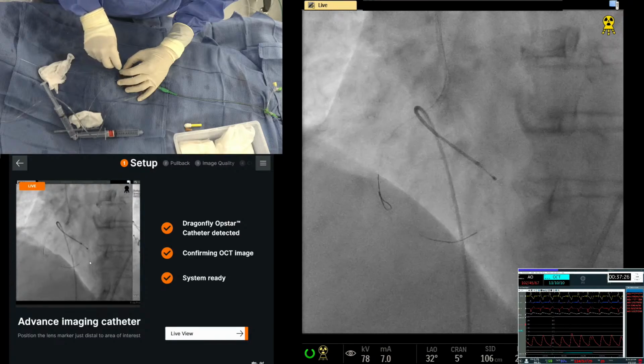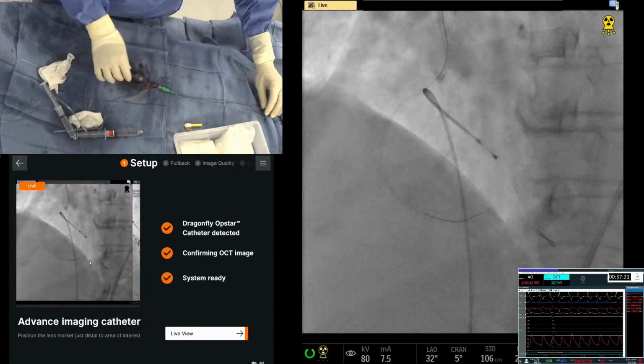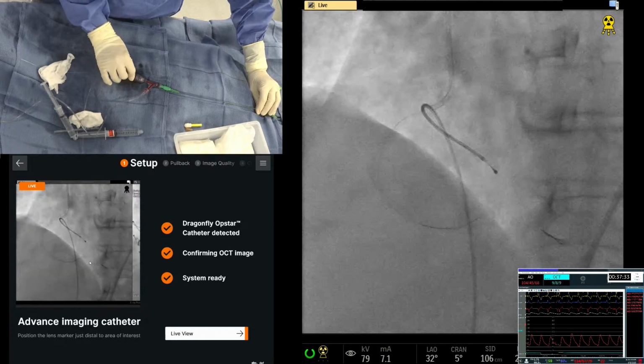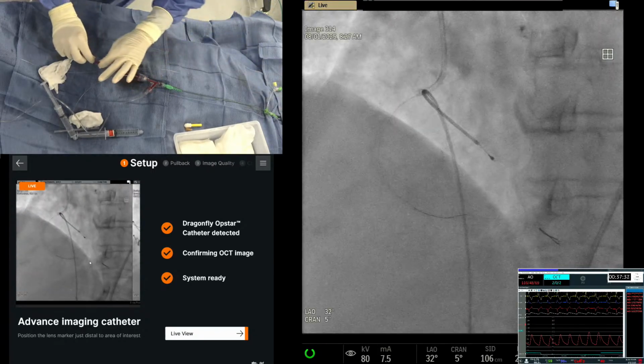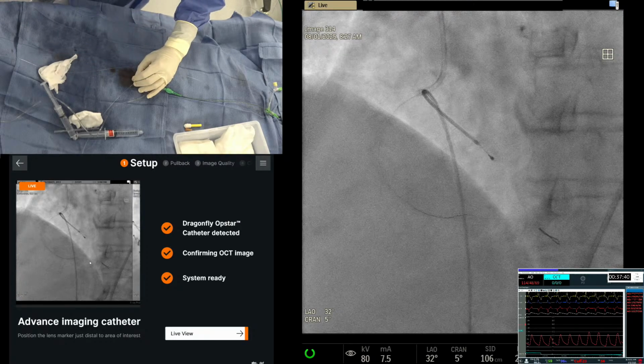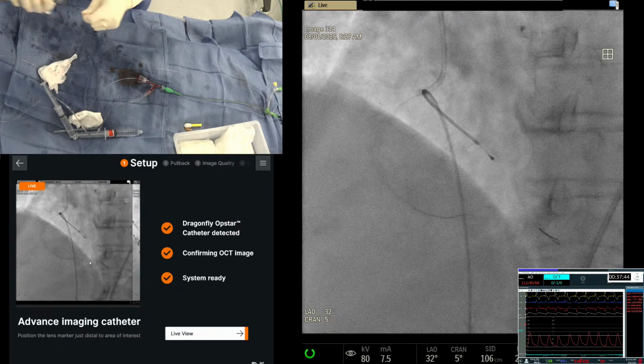Get us the OCT now. Beautiful, let us see. We did not even open the rotabur, right? Okay, take number 2.